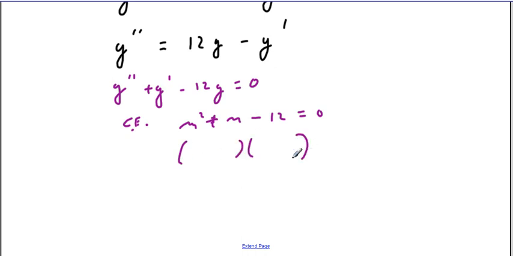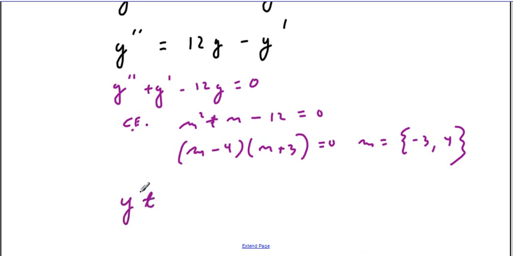I can factor that: m minus 3 times m plus 4. The solution set is m equals 3, minus 4, and y of t is going to be c1 e to the 3t plus c2 e to the minus 4t.